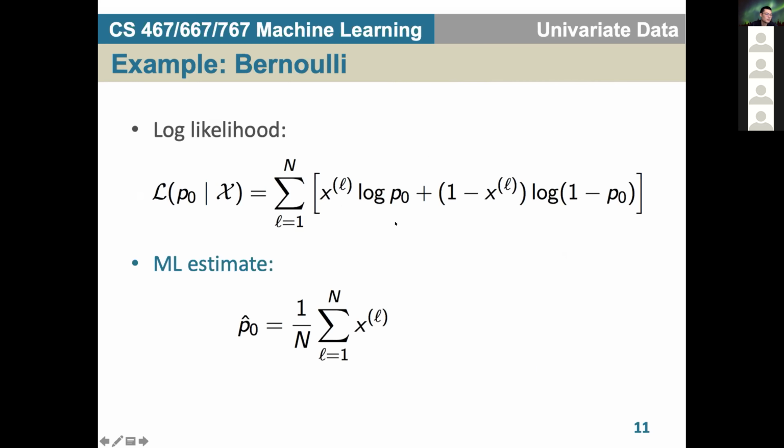For each P0 and that 0, 1 sequence, you get one likelihood. We want to try all P0s and find the most likely one, but P0 can go from 0 to 1, an uncountable number, so we cannot just try all of them. What we need to do is use optimization, and after doing optimization you will see that this is really the result.